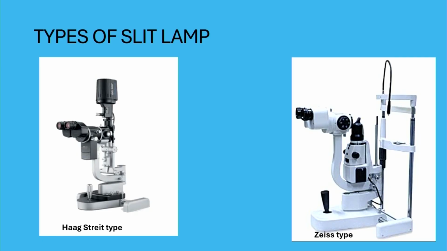As you can see, in the Haag-Streit type, the illumination unit is above the observation unit, and in the Zeiss type, the illumination unit is below the observation unit. Both these systems use different types of magnification systems.